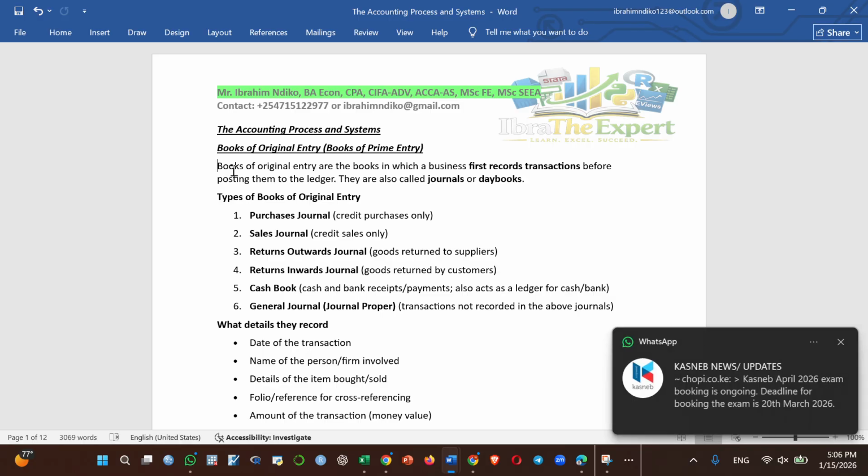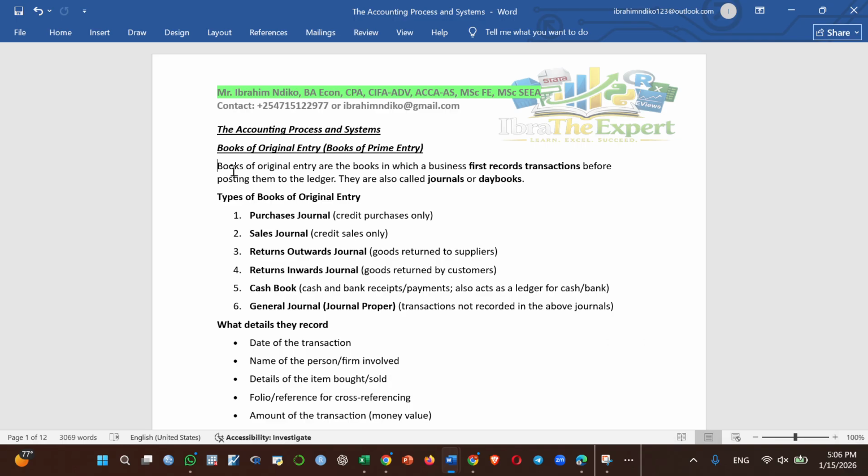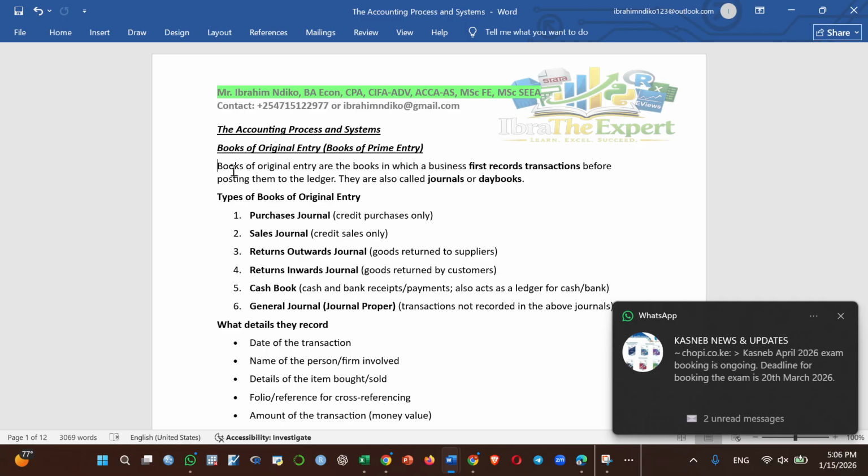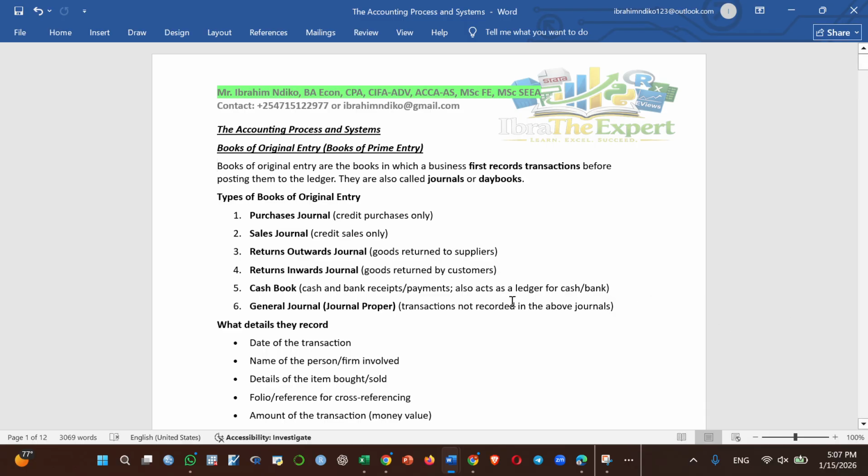Now, when we are doing this topic two, we shall concentrate on the books of original entry, or what we call the books of prime entry.